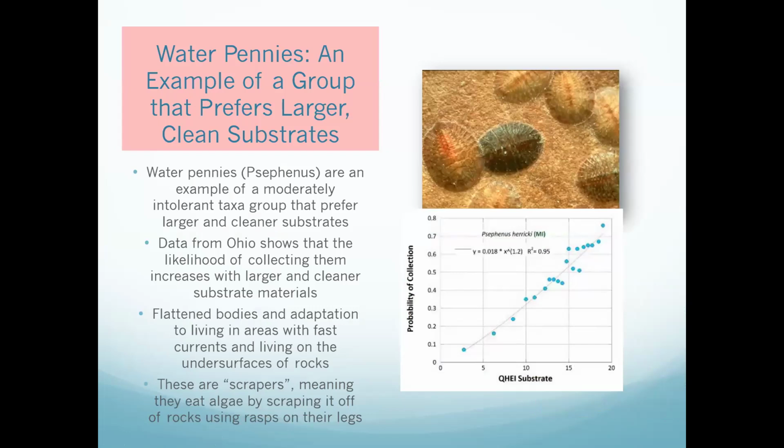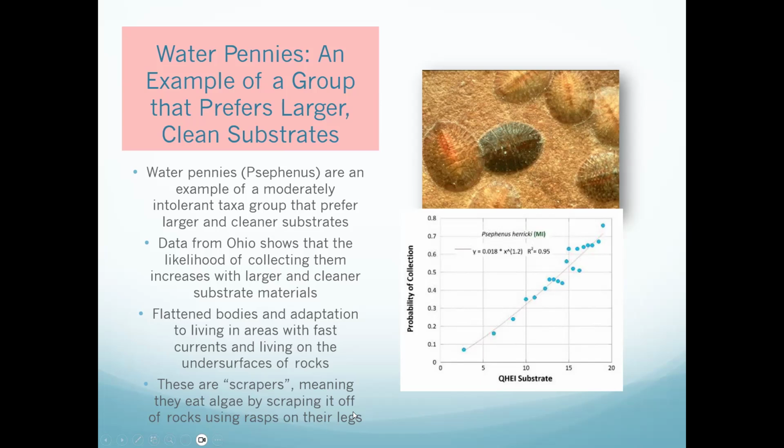Water pennies are an example of a group of organisms that prefer larger and clean substrates. So we see that the cQHEI substrate score there on the x-axis of that graph is, as it becomes greater, your probability of finding the water penny increases.